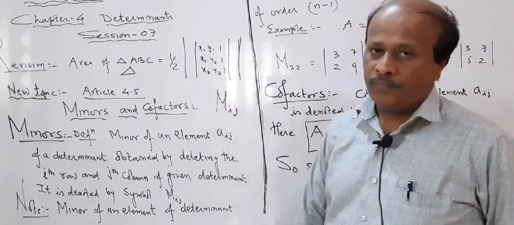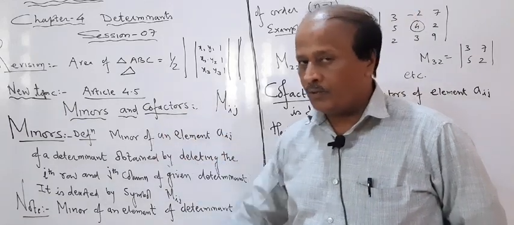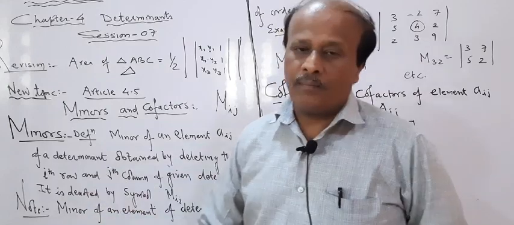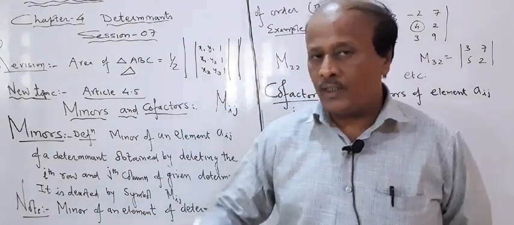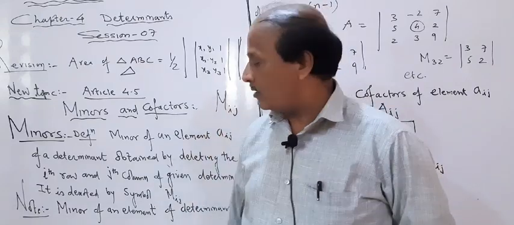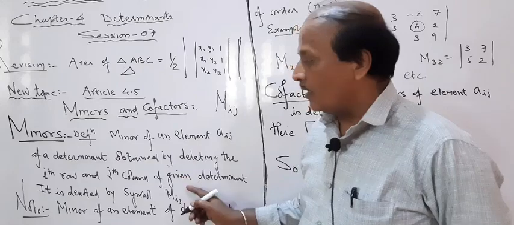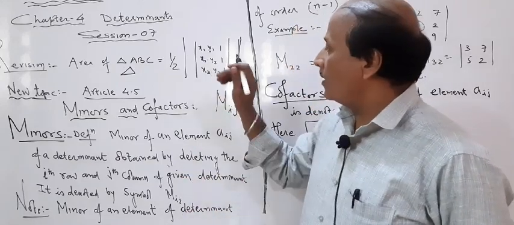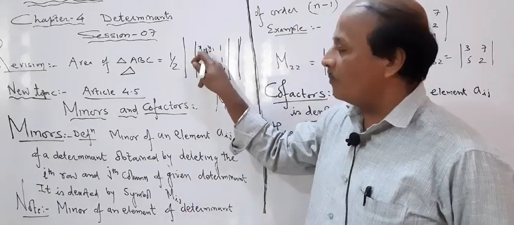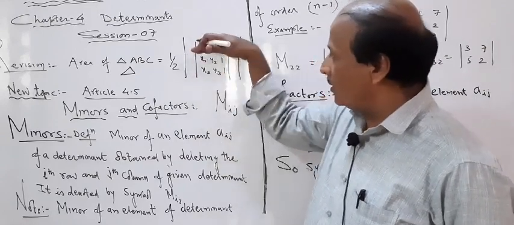What does it mean? If you want to find the minor of any particular element, it will be given to you. So if you want to find the minor of any element, you delete the elements of that row and column where that element belongs. Then automatically whatever determinant you get, that is called the minor. For example, if anybody asks me to find the minor of a11, you delete this row and this column.